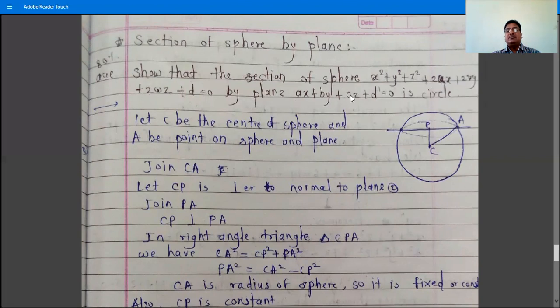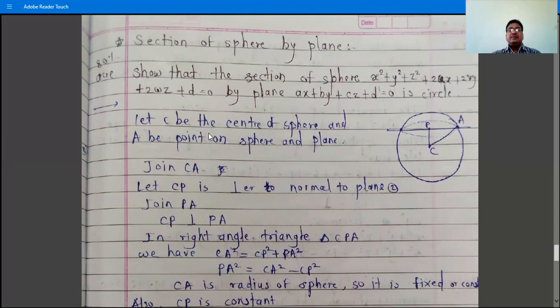If you observe the equation of the plane, it is ax plus by plus cz. There is no plain d because the d notation is already in the equation of the sphere. So in order to use a different notation, use d dash or d1. So we have to show the section of this sphere by this plane is a circle.